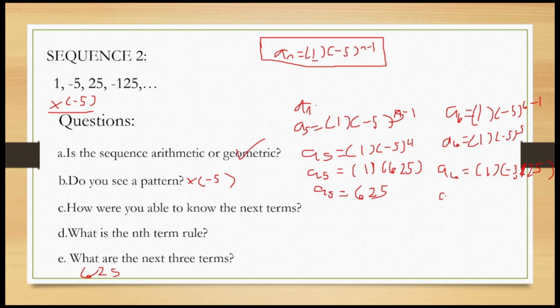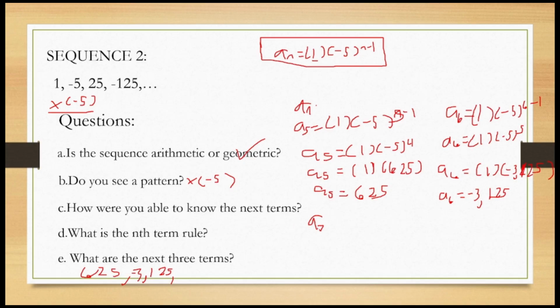So the sixth term would be negative 3,125.